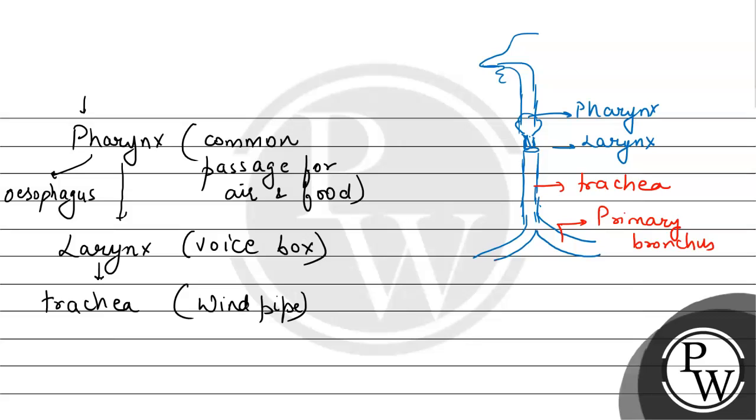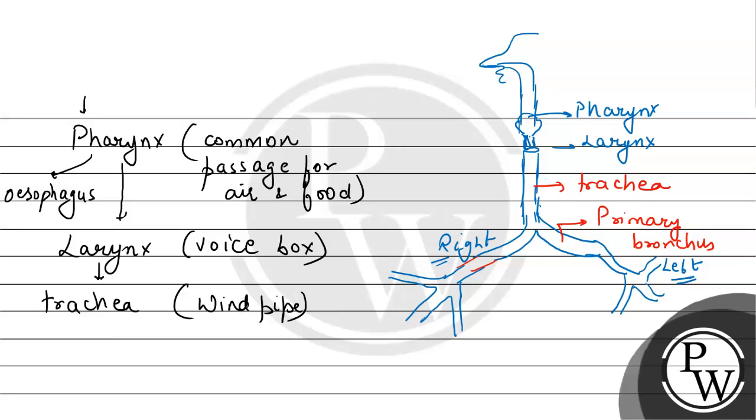Now each primary bronchus goes into a different lung, that is the right and left lung. For example, here right and here left. Now in both sides of the lungs, these primary bronchus further divide into various branches.